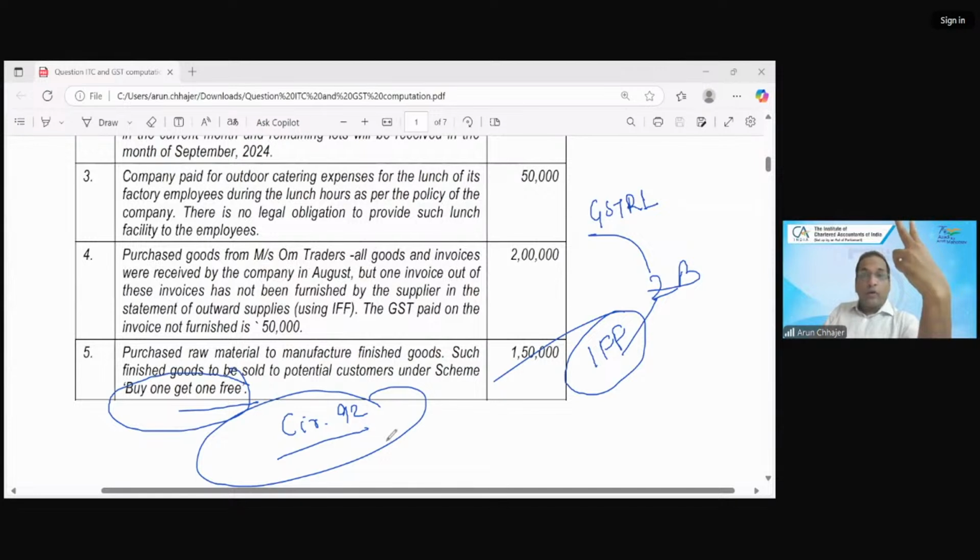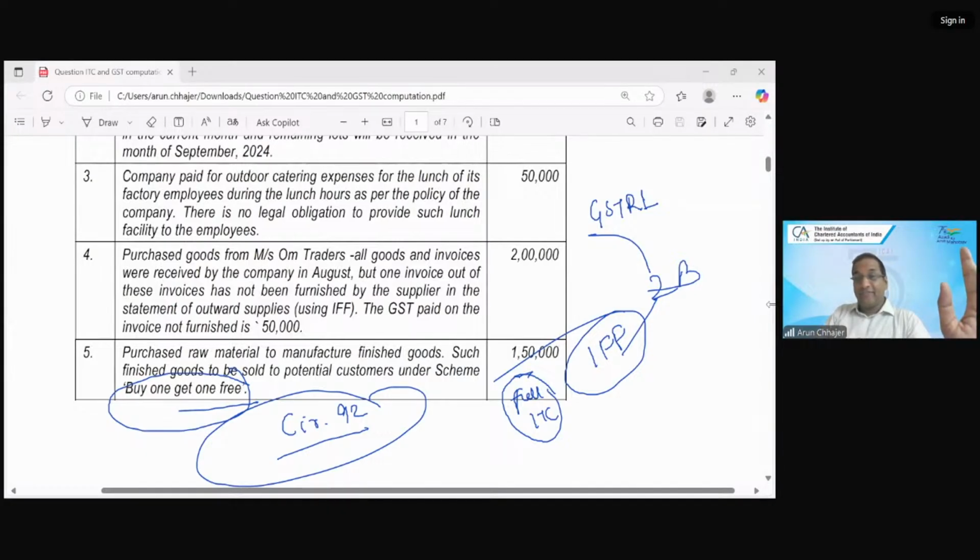It is the sale of two items at one price. Therefore, it can be a composite supply or mixed supply, and you will be able to take full ITC. No loss.